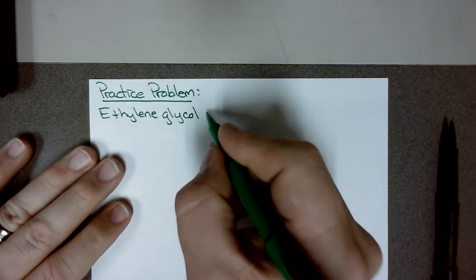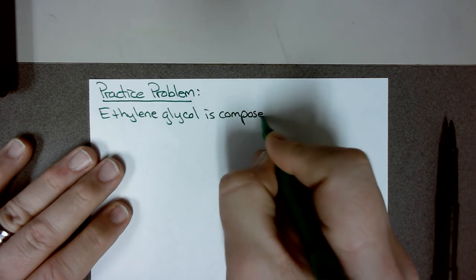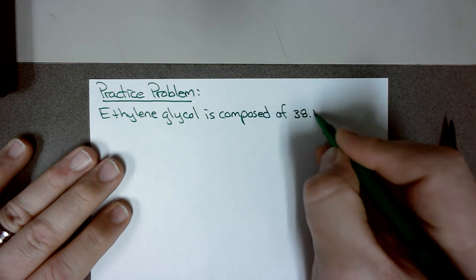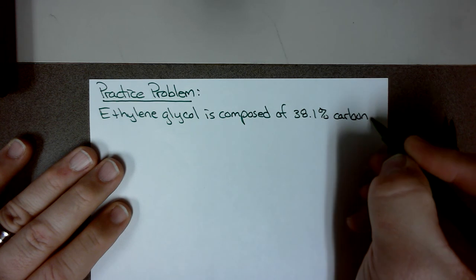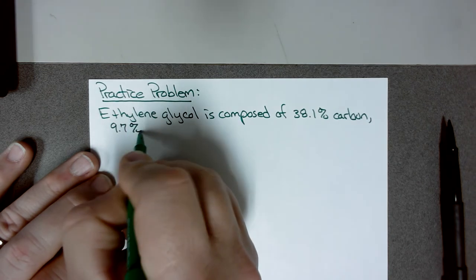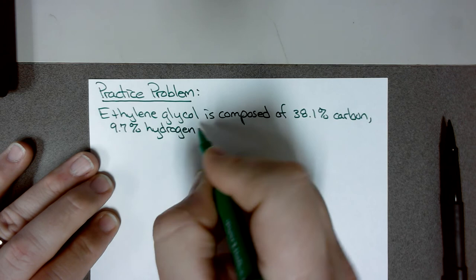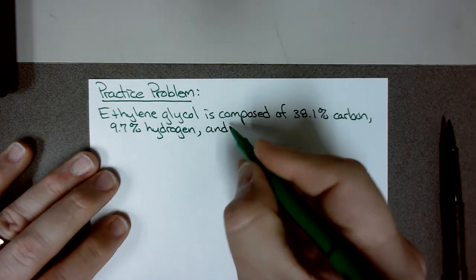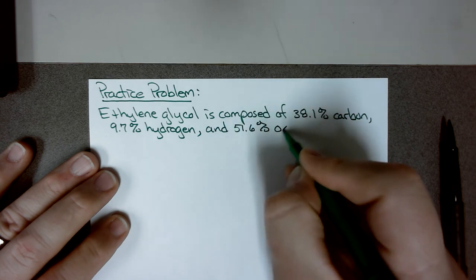Ethylene glycol is composed of 38.1% carbon by mass, 9.7% hydrogen by mass, or percent composition is what we're doing, and 51.6% oxygen by mass.